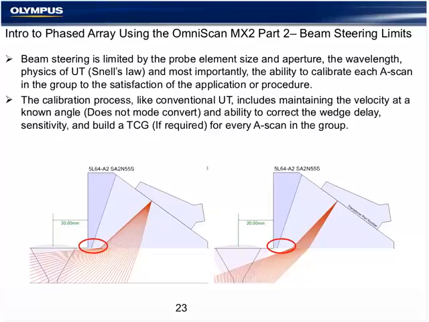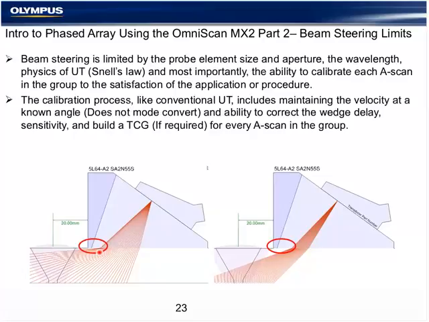When you attempt to program beams outside the normal range of, say, an 80 degree shear wave or a 20 degree shear wave, the software doesn't give you an error message. The A-scan will be of such poor quality that it cannot be calibrated. That ultimately is how we determine the limits of any probe and wedge.